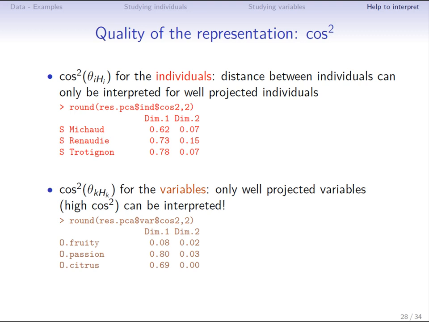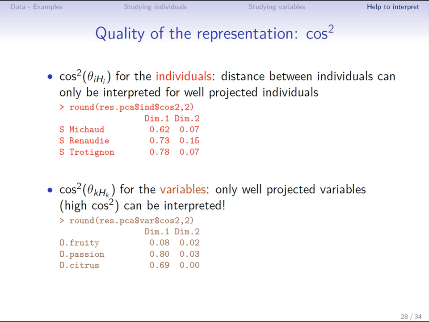And the quality of projection of an individual is the squared cosine of the angle between the vector from the center of gravity of the cloud to the point I corresponding to the individual, and the vector from the center of gravity of the cloud to the projected point HI.